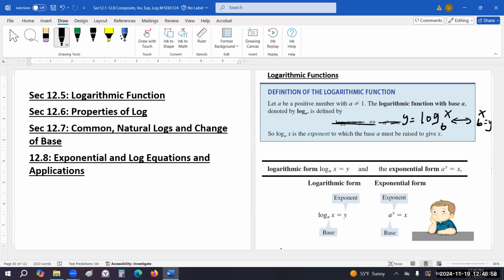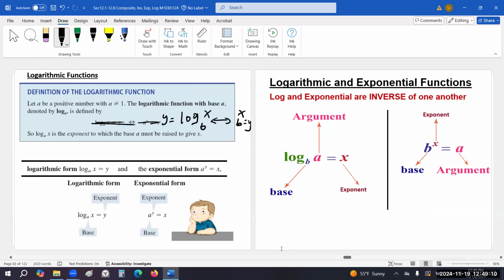So if y is log base b, and this thing we call them arguments. Argument or argument? I think argument. I always forget that. I think I have it in the next slide. Argument. Okay. So log has base b and something on the side. That side has a name, we call them arguments.